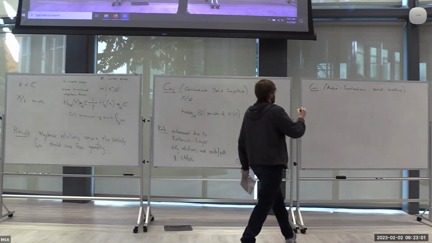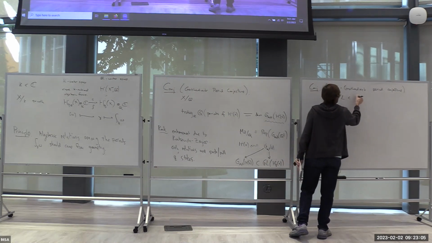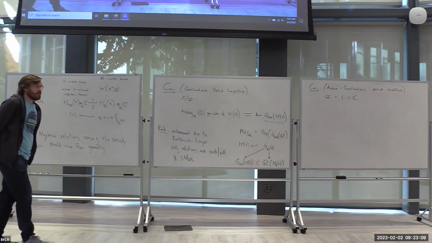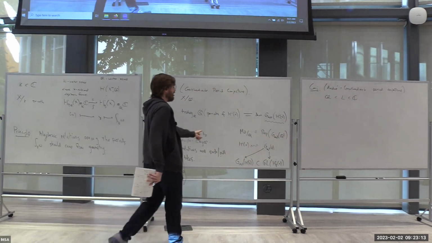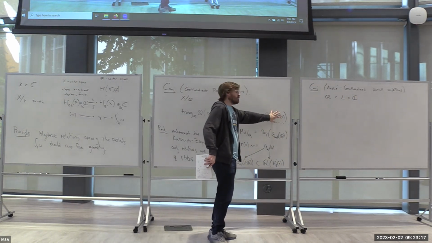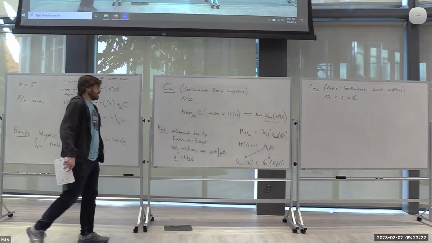So let me write down the statement. Basically, the statement is, well, let's take any intermediate field. The conjecture relates the transcendence degree to the dimension of this group. This is a Q algebraic group, and the dimension equals this.